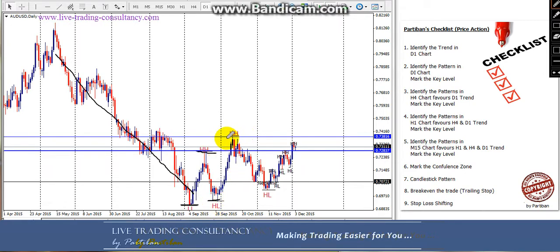And this higher swing point is higher than the previous high. That's why it's called a higher high. And the next low is over here, still higher than this. So this indicates the market is going uptrend. So I'll only look for buying opportunities in this market condition until the trend changes.